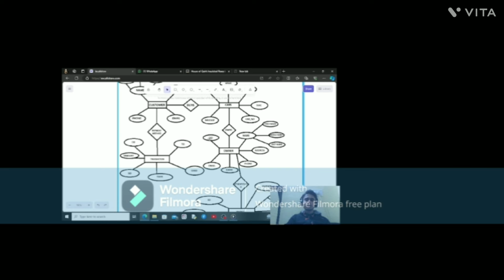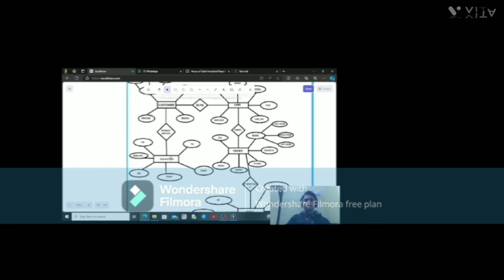So first comes the OID, then the owner's name, which will also include first name, middle name, or last name, and then the owner's address, owner's mobile number, its car ID, to check whether it matches or not, and owner email, so that if anyone wants the car, they can email the owner.